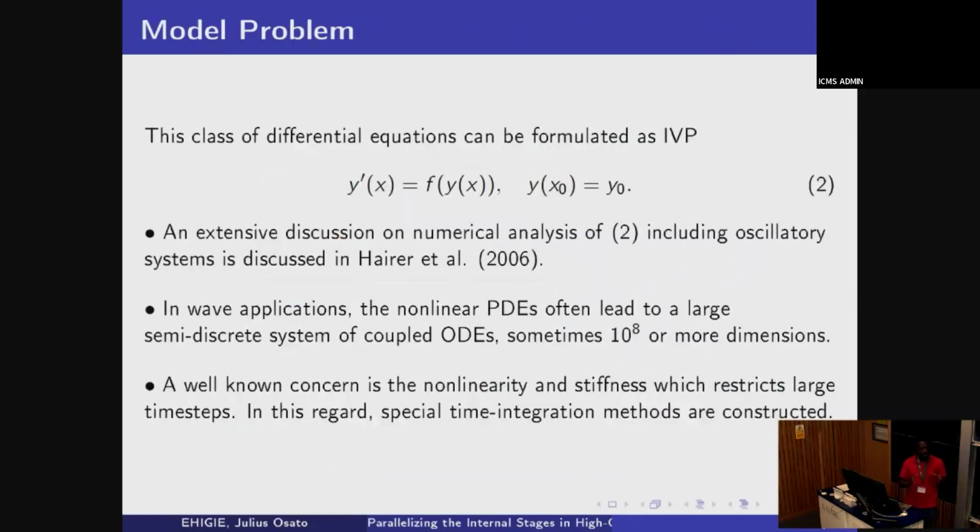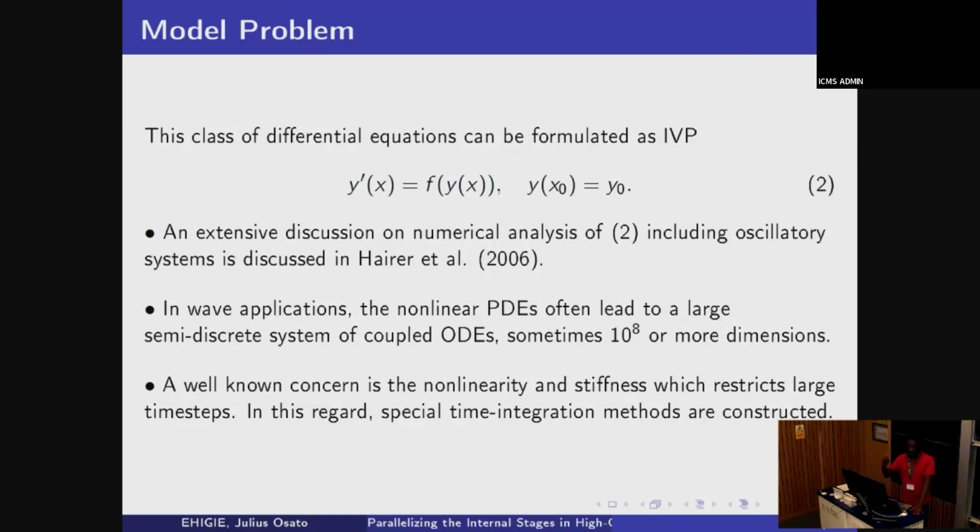So what we look at is the model problem. We look at the ordinary differential equation y prime equals f of y, which we all know. And this has been discussed in this book by Ira. I heard Martin talk about Ira yesterday as his colleague, and he has been one of the proponents of research in the area of numerical methods for ordinary differential equations.